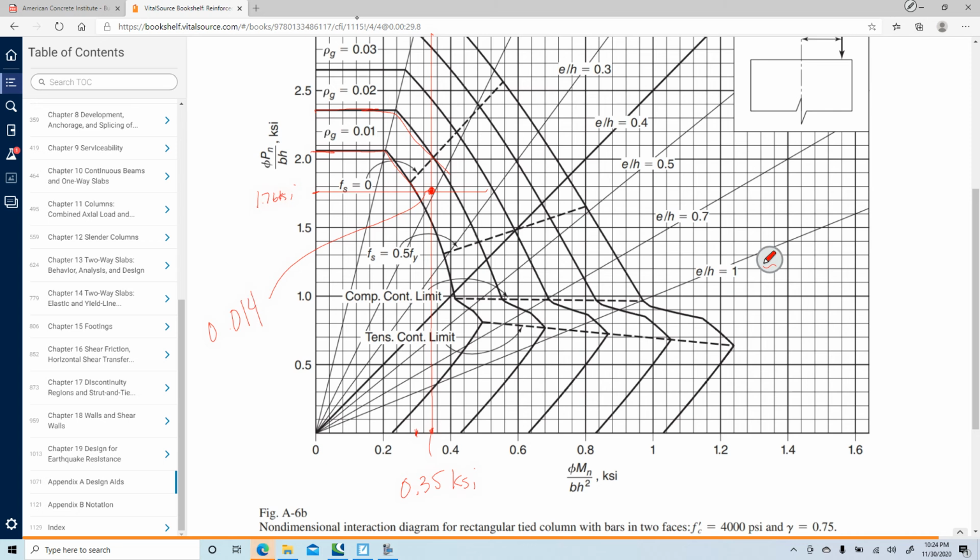Now the question is, this is for gamma equals 0.75. So for gamma equal to 0.75, I'm looking at a goal reinforcement ratio of about 0.014.